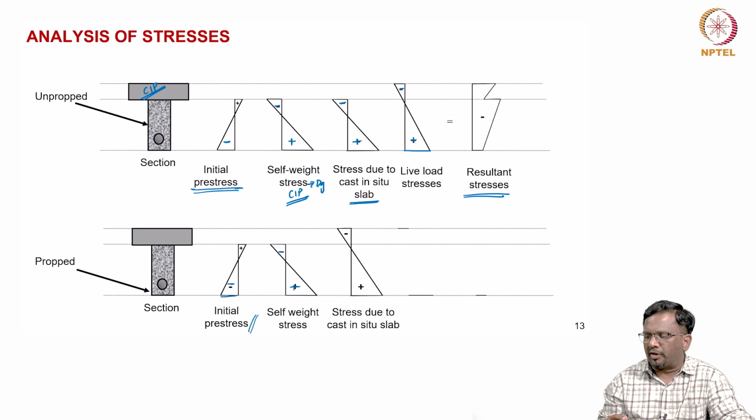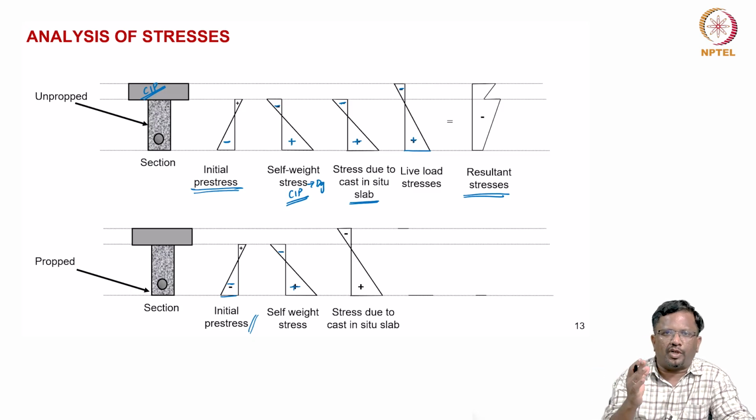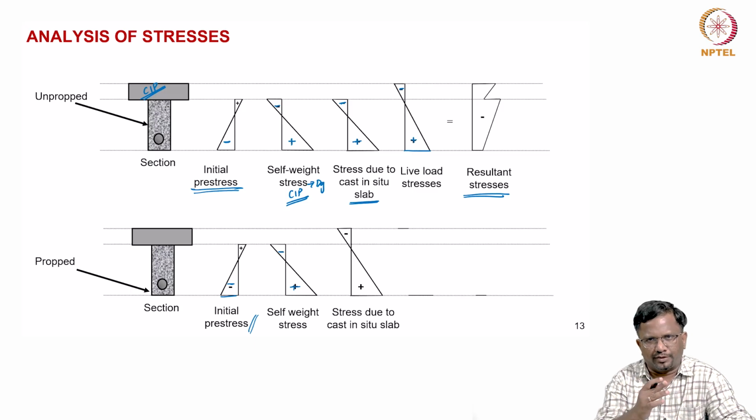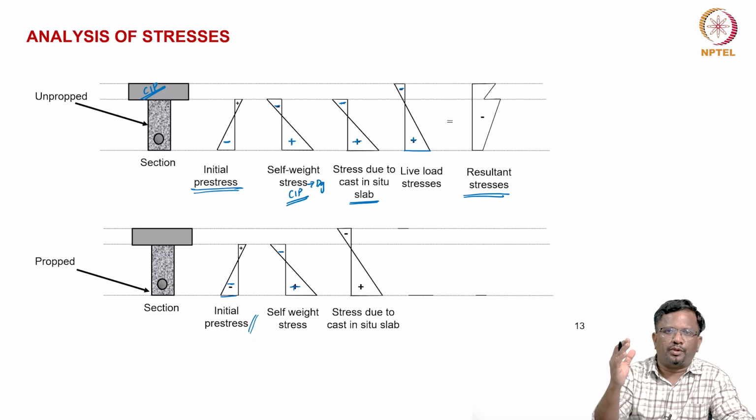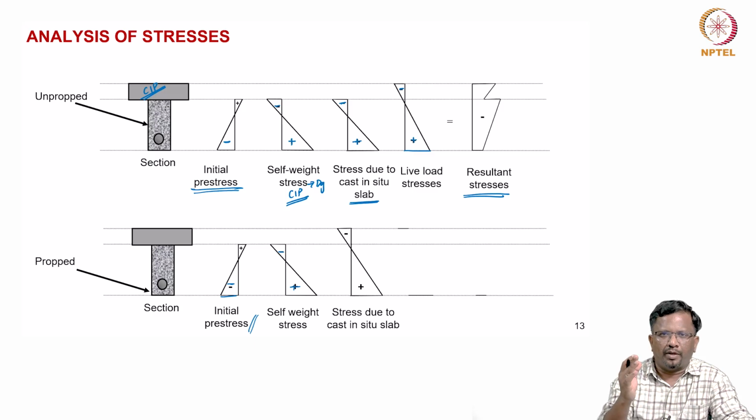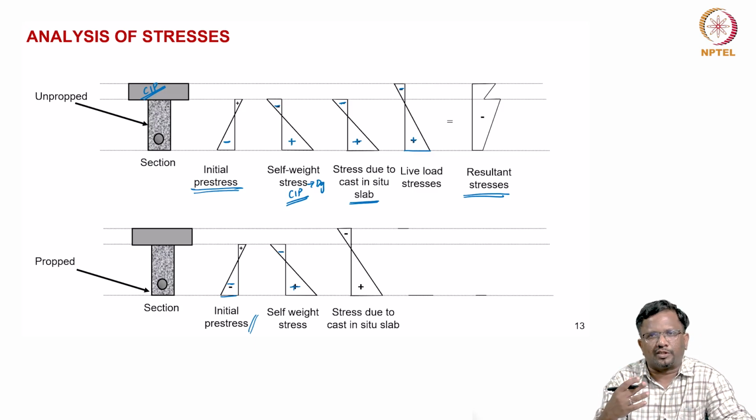Now, the difference will come when you pour the slab and then, let us say, you remove the slab props at a young age, right, because now I have provided a lot of props. So, the props will not allow the girder to deflect between them. So, you achieve the composite action in a very quick span of time.